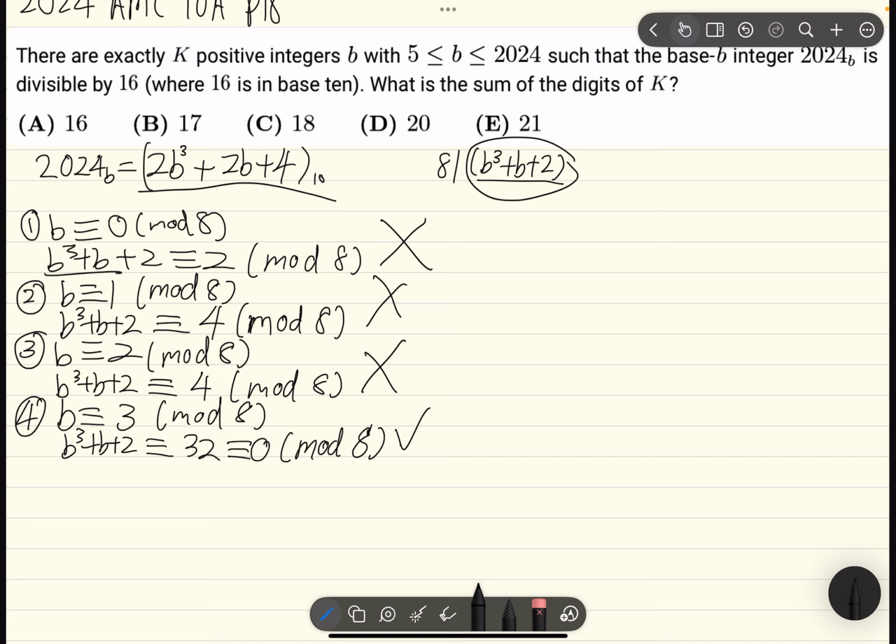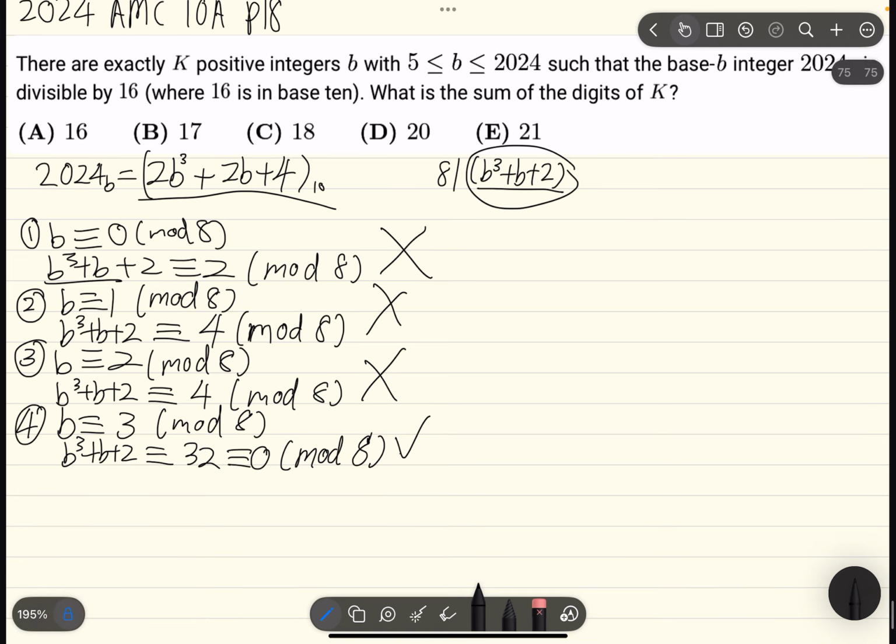So we want all numbers from 5 to 2024 with remainder 3 when divided by 8: 11, 19, 27, and so on. Up to what? Since 2024 is divisible by 8, the last number would be 2019.